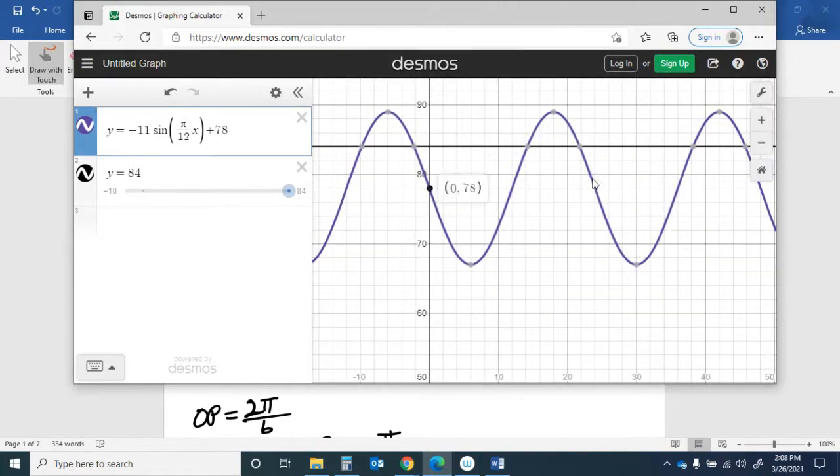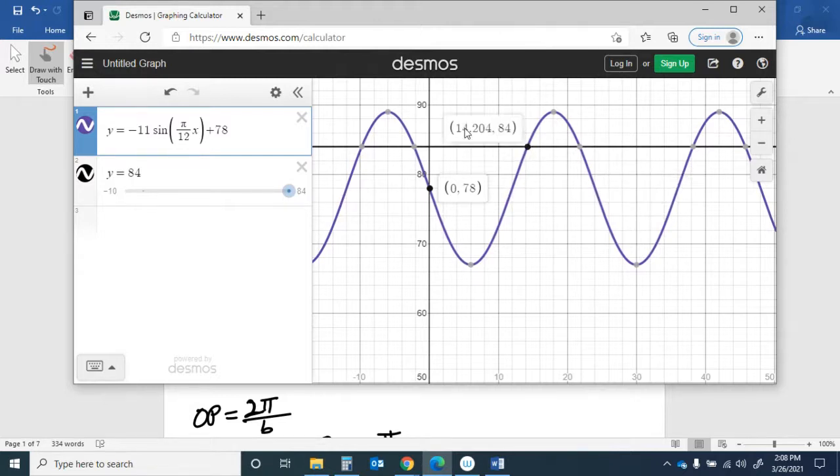So it starts there. It ends here. Here we are at 12 hours. We're at 78 degrees, just like we ought to be. Here we are at 24 hours. Again, it's 78 degrees. So that's our midline.